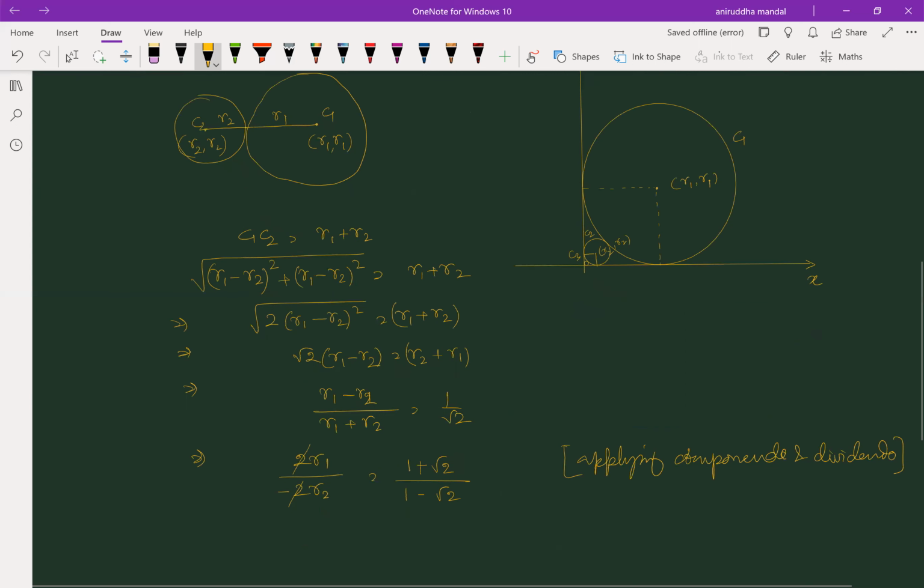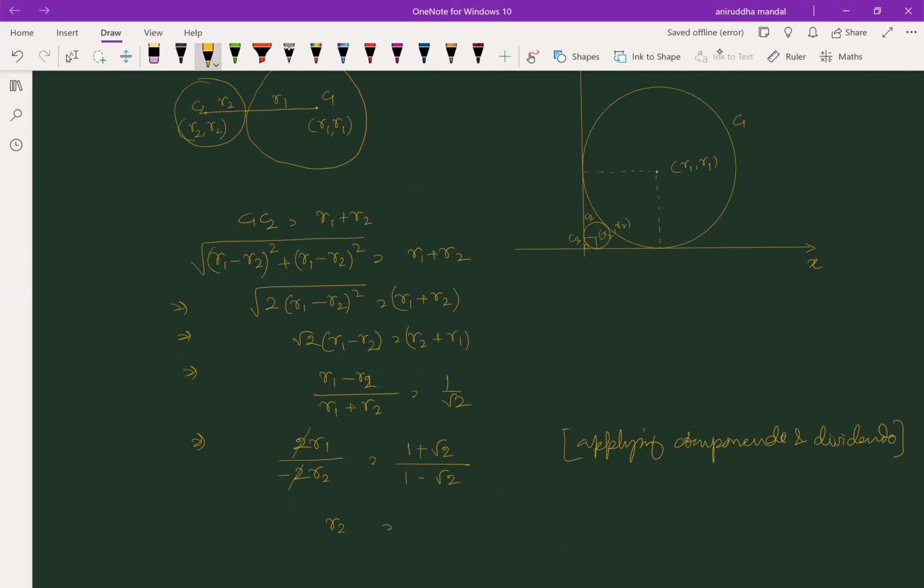So these two will cancel out. So R2 can be written as (root 2 minus 1) divided by (root 2 plus 1) times R1.